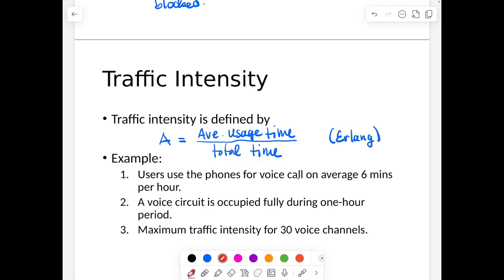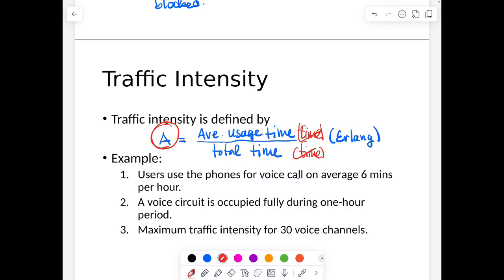The average usage time is in terms of a time unit. Total time is also a time unit. So if you divide these two variables, you get a number without any unit. We're going to call this variable A. A denotes traffic intensity.